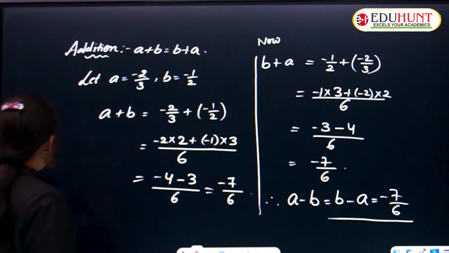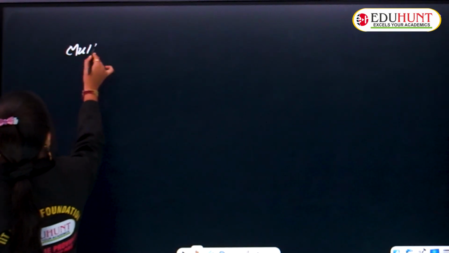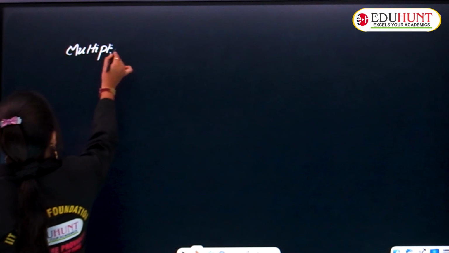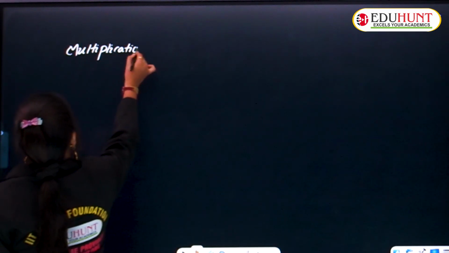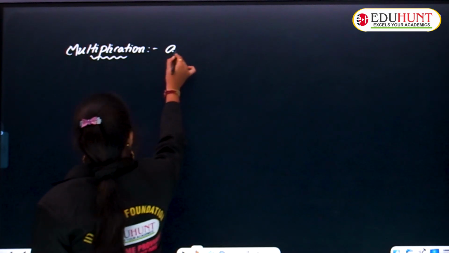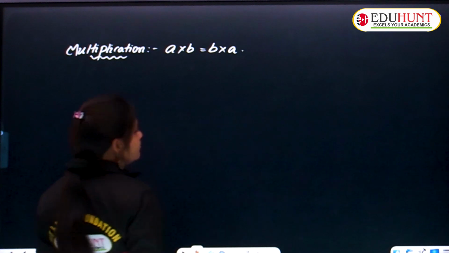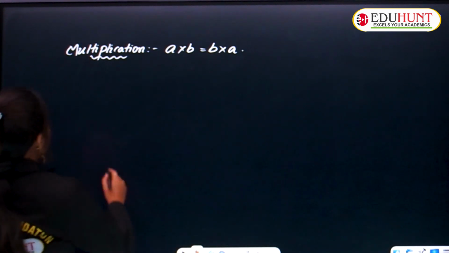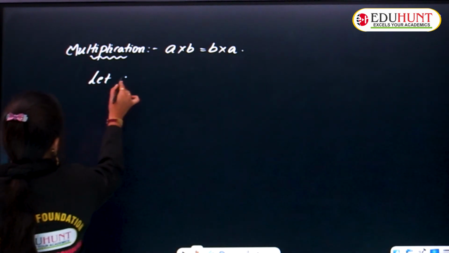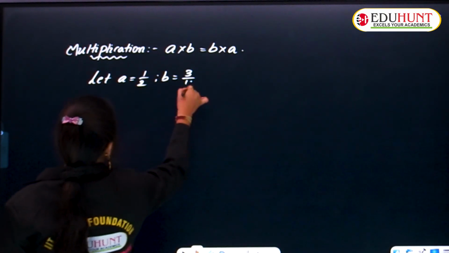Next, for multiplication. Okay. The multiplication condition is a into b is equal to b into a. Understand, ma? Now let a be equal to 1 by 2, b equal to 3 by 4.